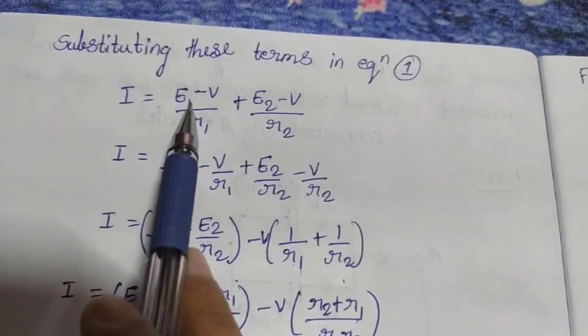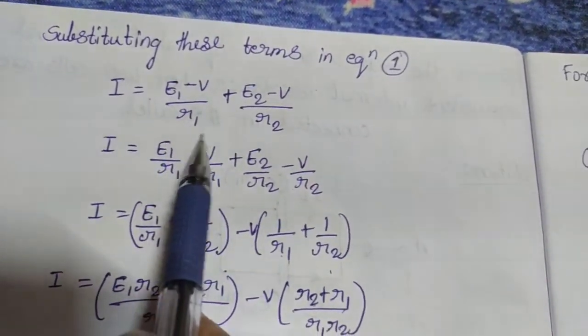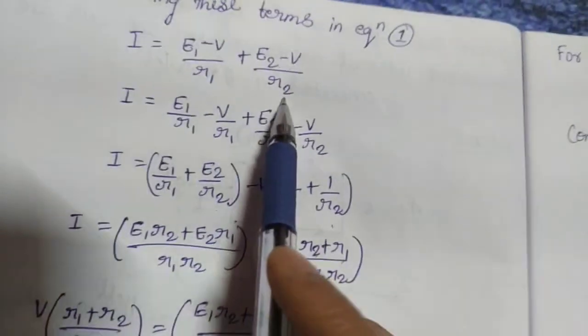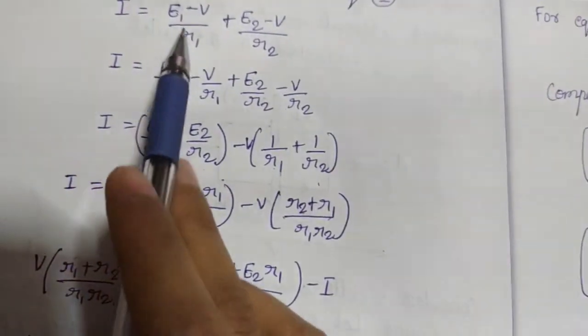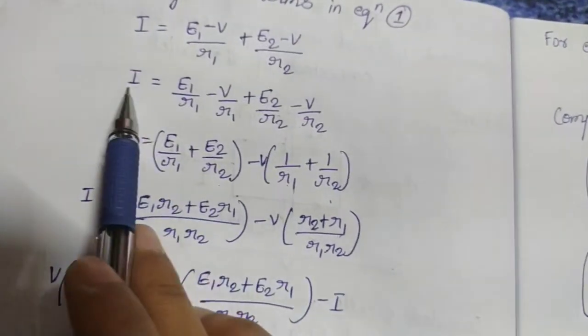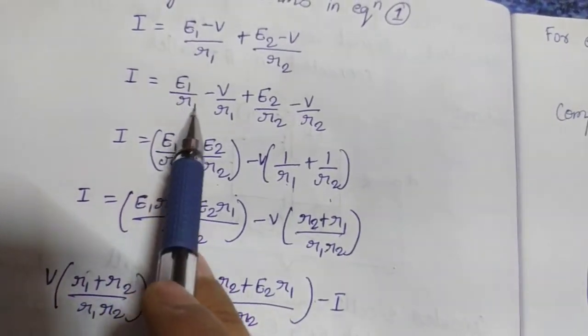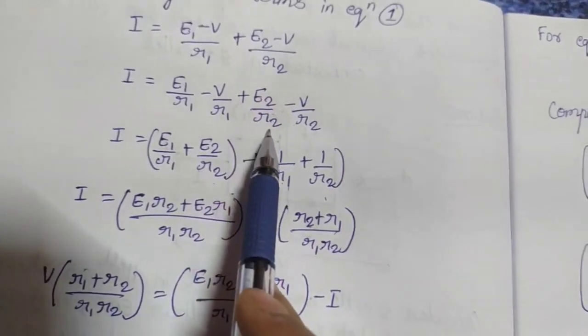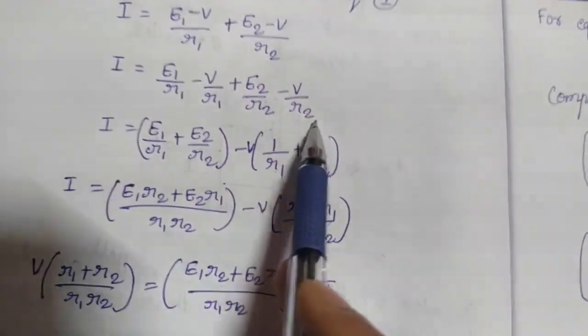After substituting, we get I equals (E1 minus V) divided by R1 plus (E2 minus V) divided by R2. Now dividing separately, I equals E1 by R1 minus V divided by R1 plus E2 divided by R2 minus V divided by R2.